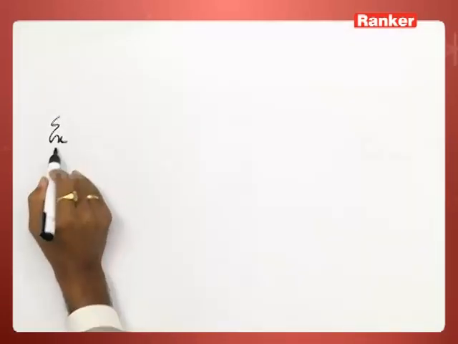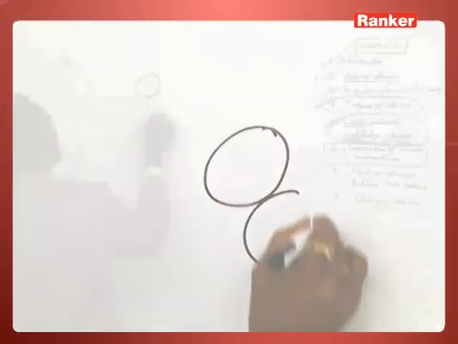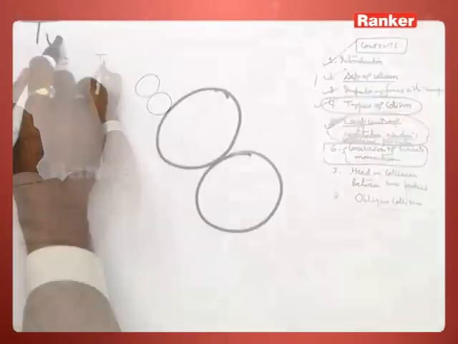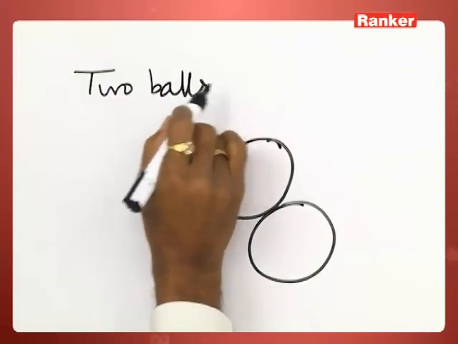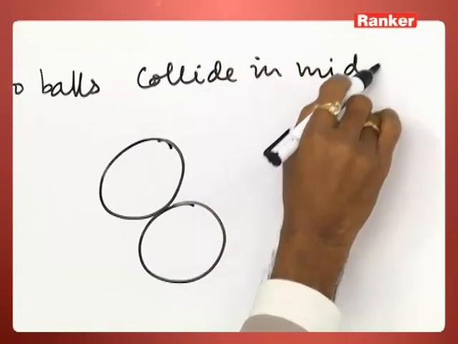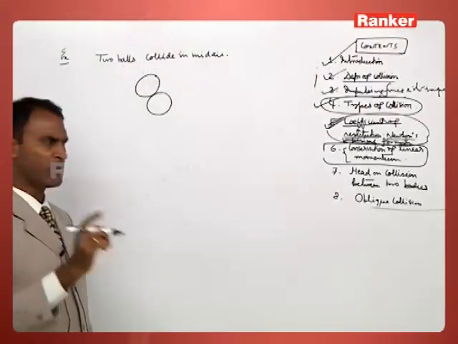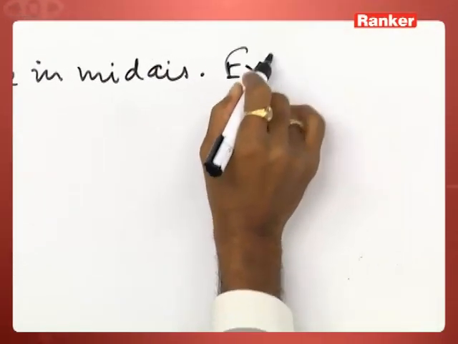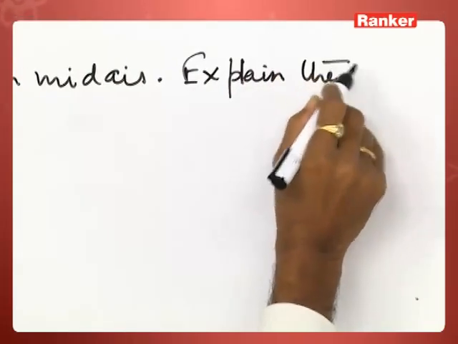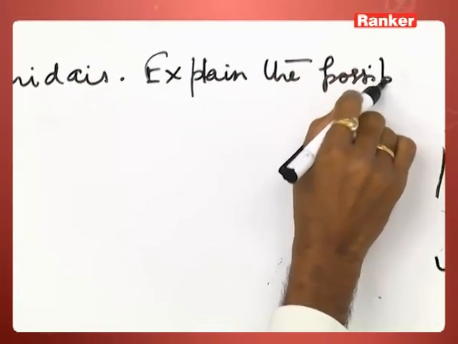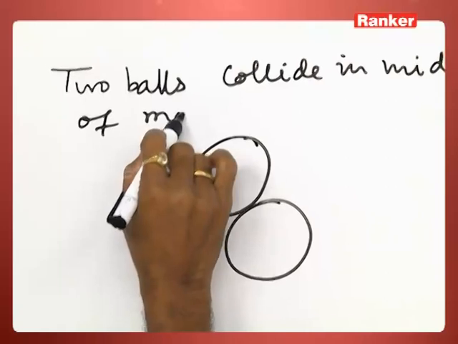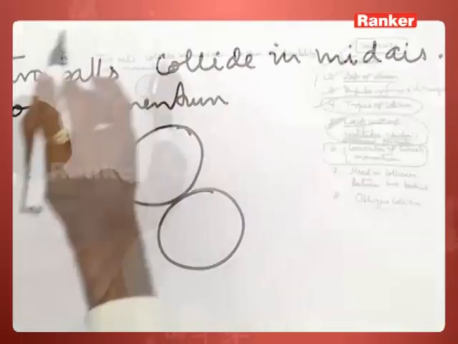Example: two balls collide in mid-air. Explain the possibility of conservation of momentum.